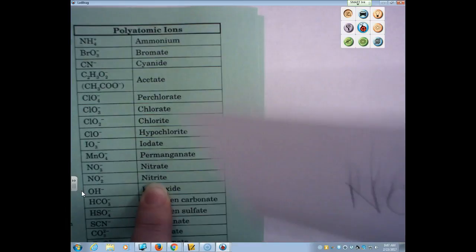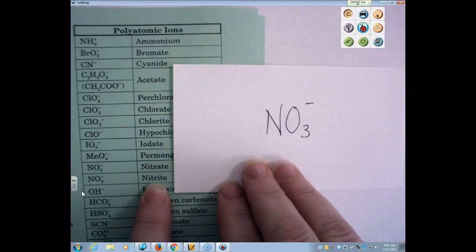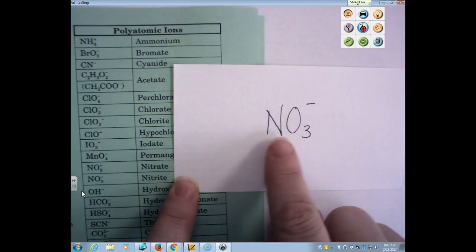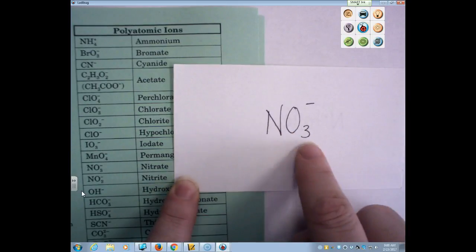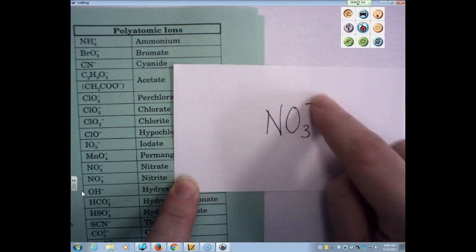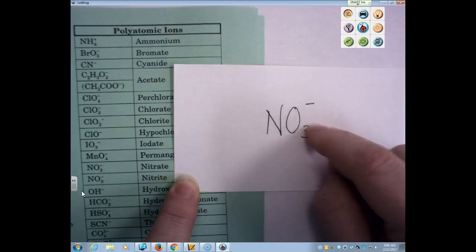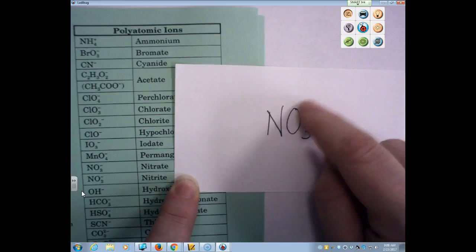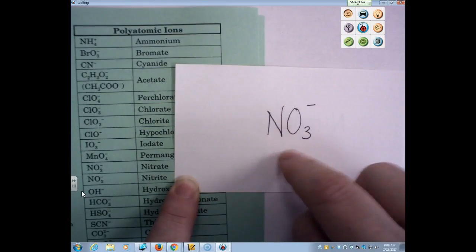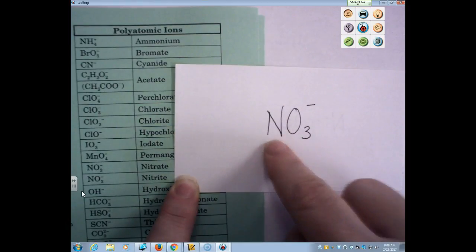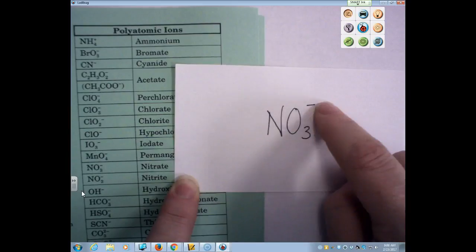On the other side, I want you to write the symbol. Now, normally when I read the symbols out, I'll read them as NO3, and I'll read the subscript first, and then I will read the superscript. Now, it matters the placement of these subscripts and superscripts. When you write them on your flashcards, make sure that you reflect that and make sure it is a superscript or a subscript.